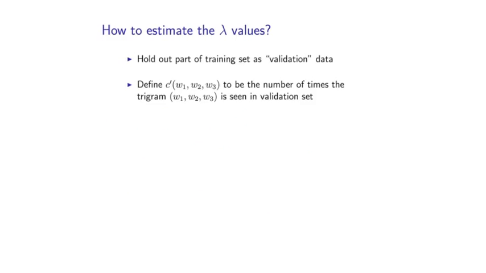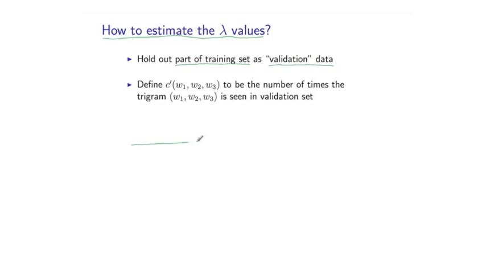So the final question we need to answer is, how do we actually estimate these lambda values? This is generally done as follows. Firstly, we'll take part of our training set, take some of the sentences in our training set and hold these out as what is called validation data.